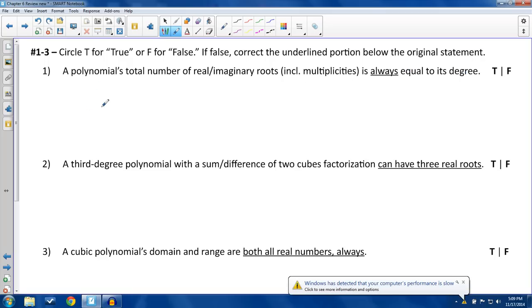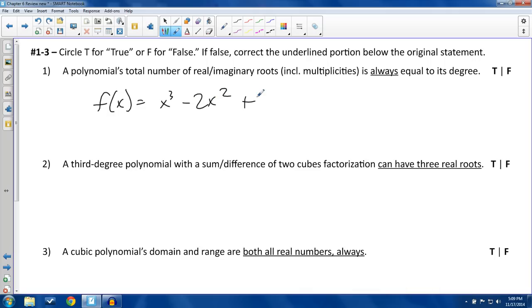Okay, what that means is, let's say you have a polynomial, like f of x equals x cubed minus 2x squared plus 6x minus 7, whatever it is. The degree of the polynomial here is 3, because it is cubic. Now, I don't know what these solutions are, I just made this thing up.